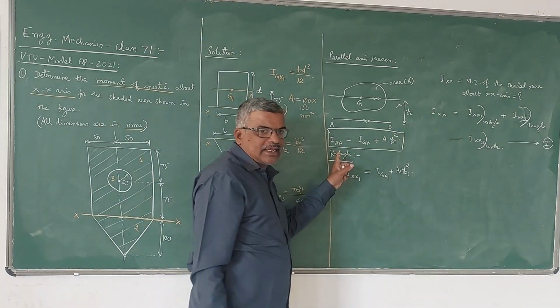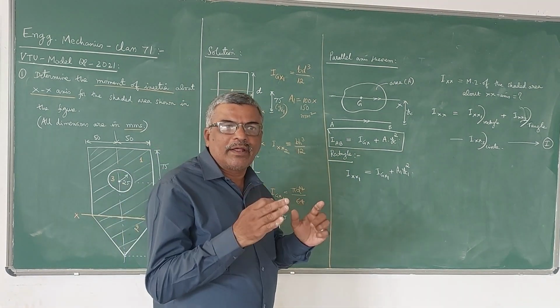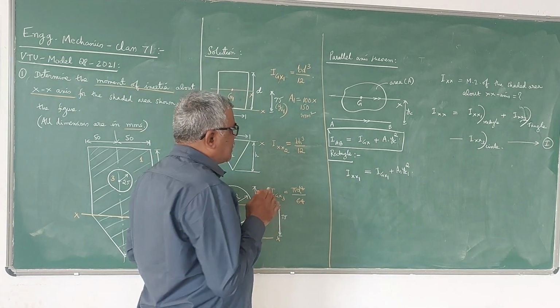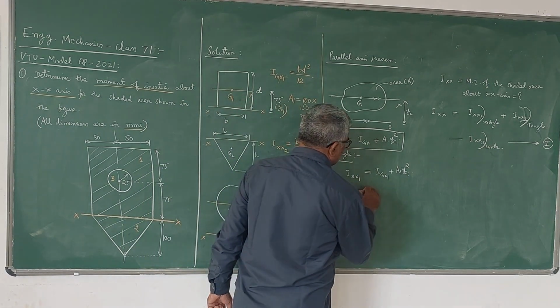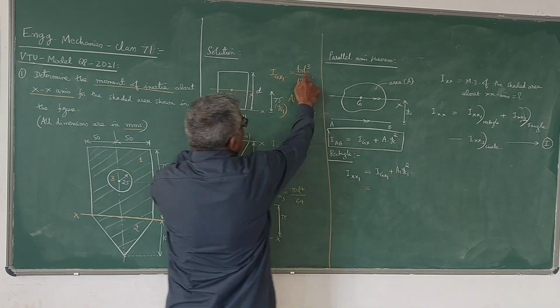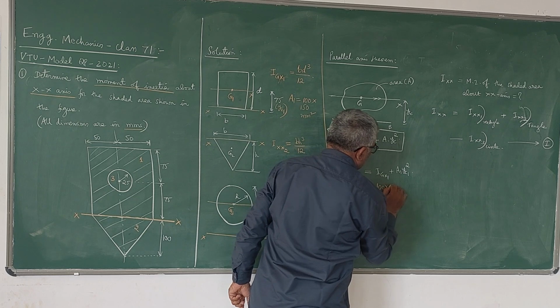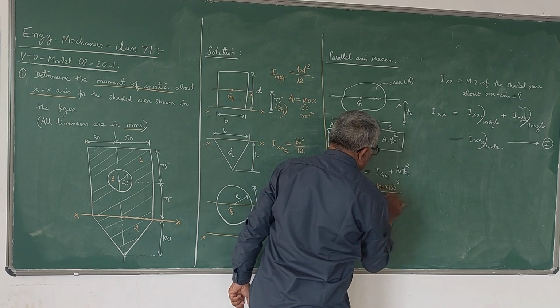Please note that the x-axis is nothing but the AB axis here. It is called the parallel axis. Now therefore, IGx1 is nothing but BD cube by 12. Please note, BD cube by 12. So B is 100 into D is 150 cube divided by 12.